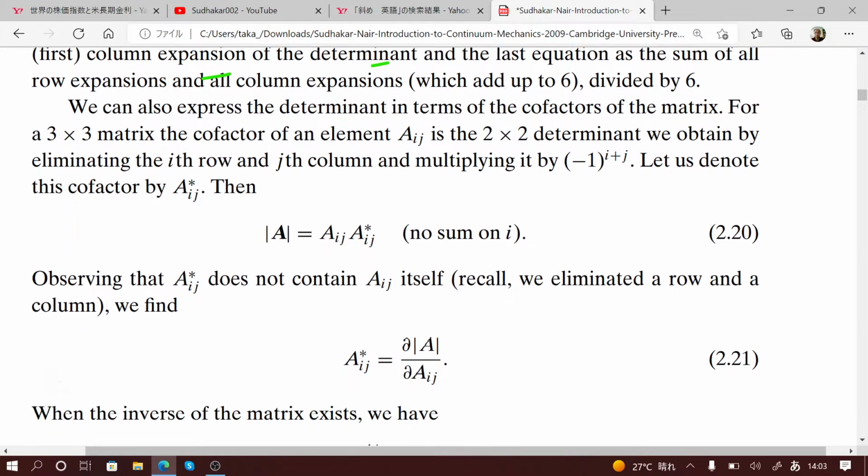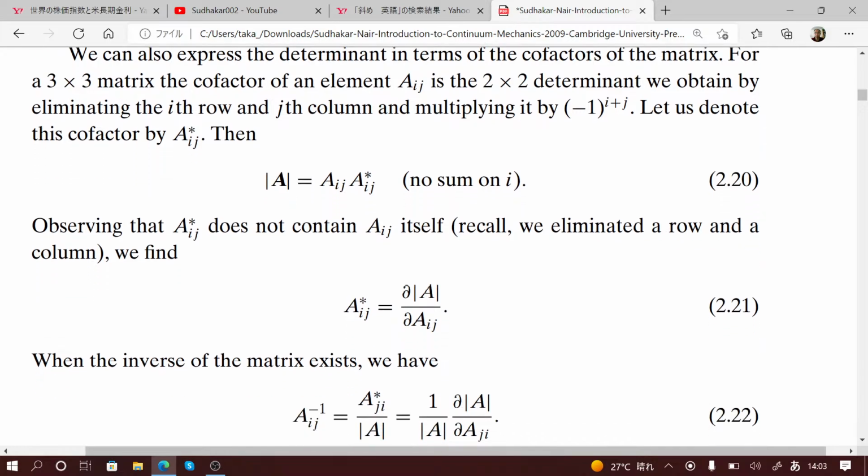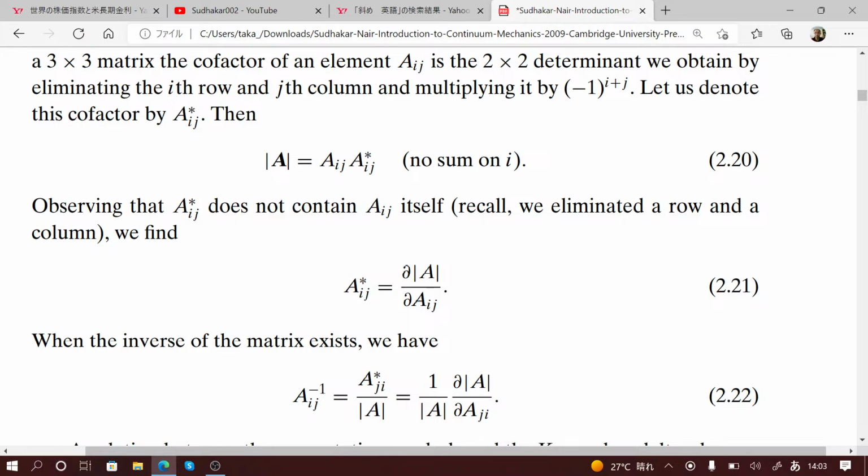Then determinant A is Aij times the cofactor Aij star, no sum on i.